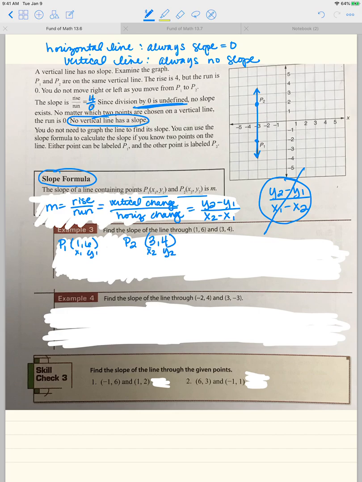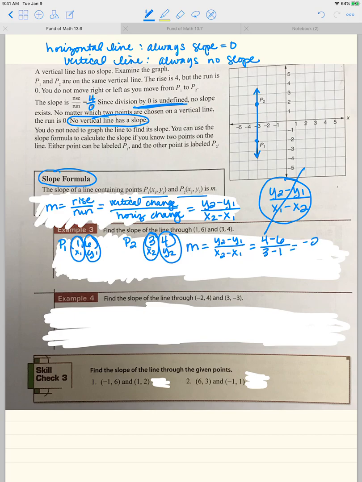So now I'm going to plug what I have into my formula. M is equal to y2 minus y1 over x2 minus x1. So y2 is 4, y1 is 6, so 4 minus 6 over x2 is 3 minus x1 is 1.